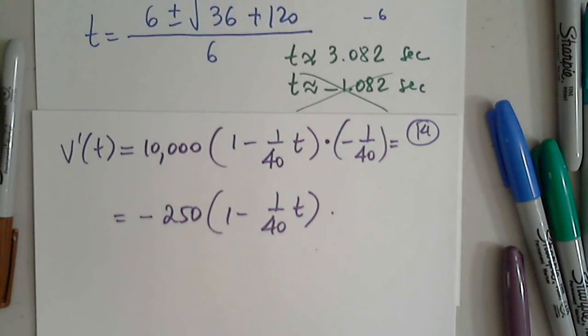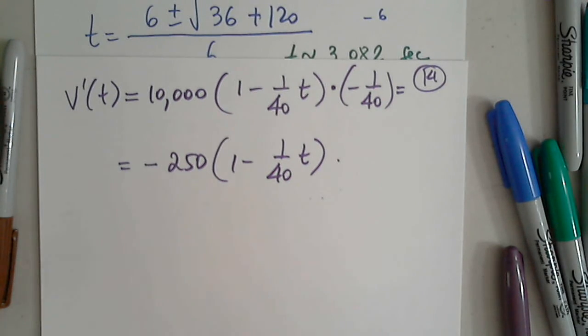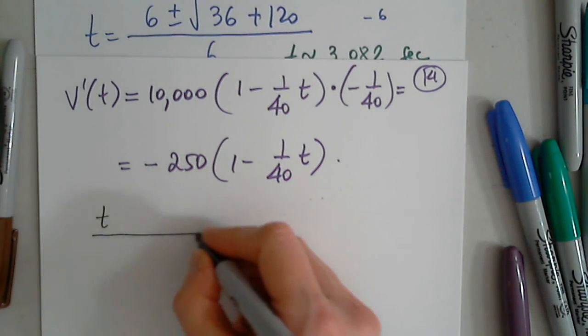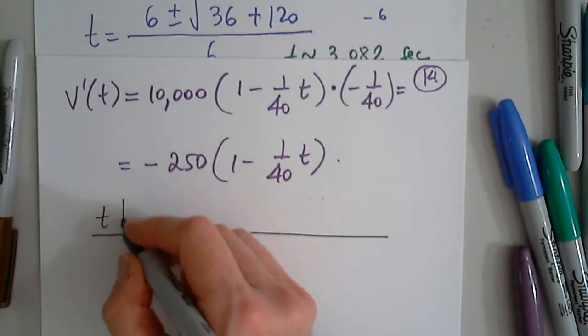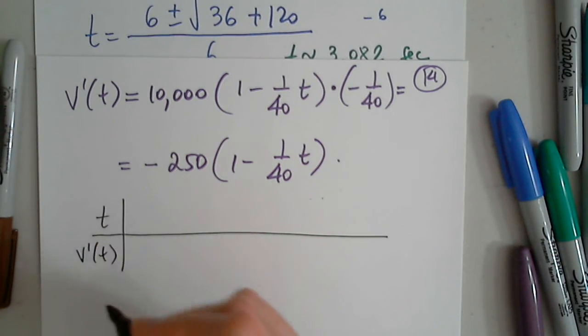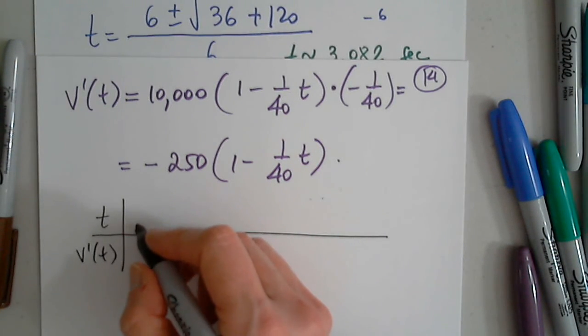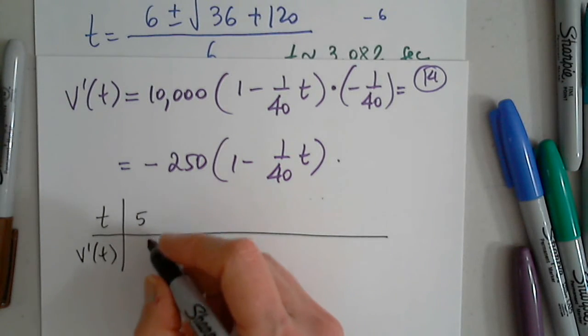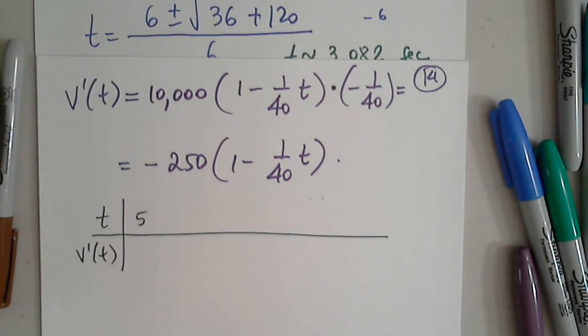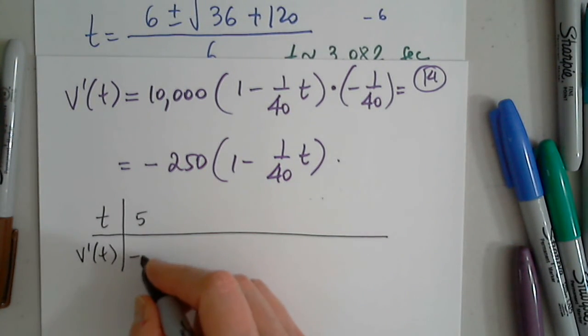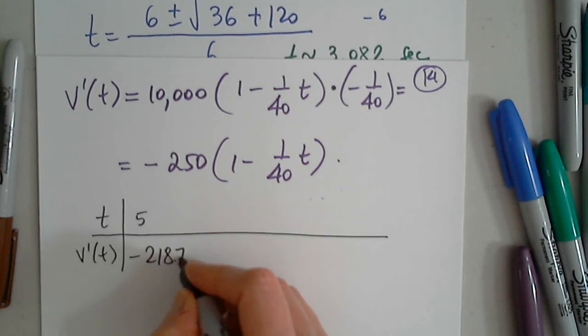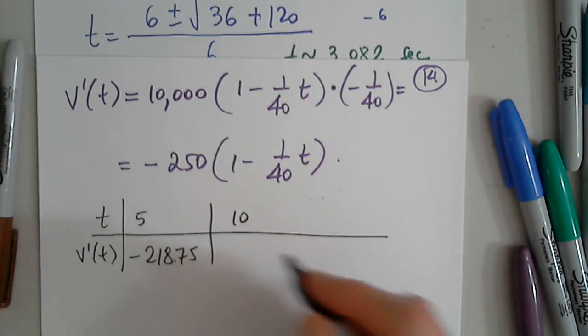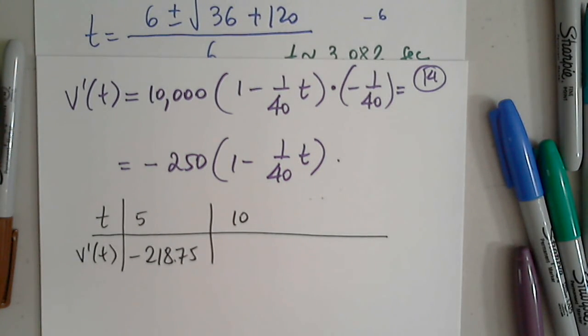So here's what I'm going to do. I'm going to create a table like we always do to summarize our information. V prime of t for 5, and we got, please always go back and highlight to make sure that you see the entire number. Okay, so the first one is negative 218.75 for 10 minutes. Highlight, please.